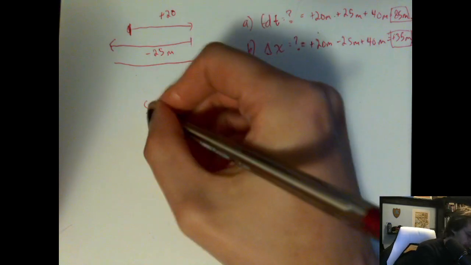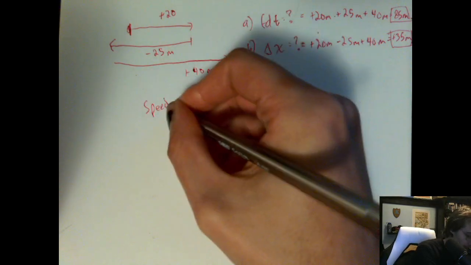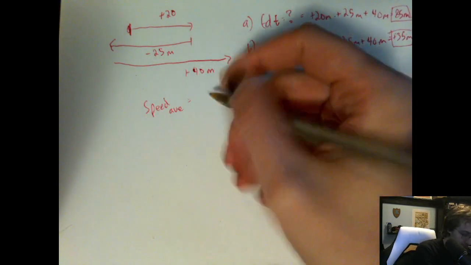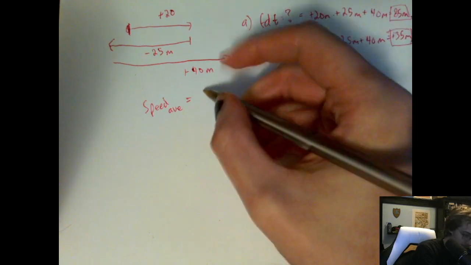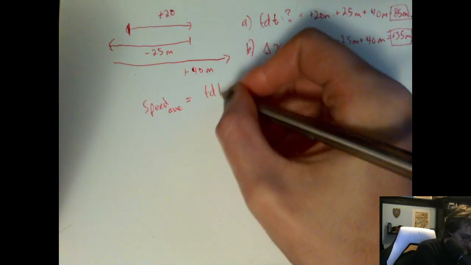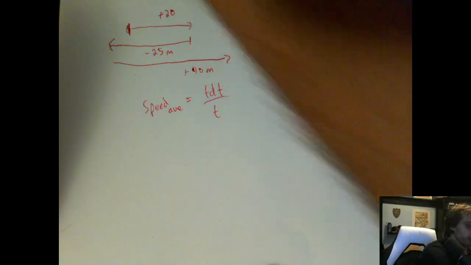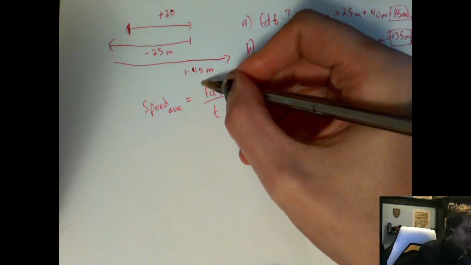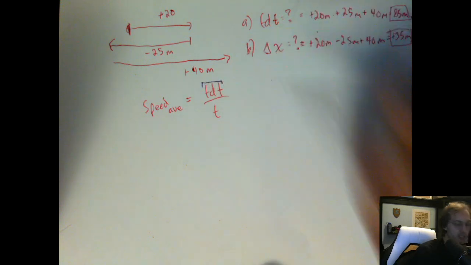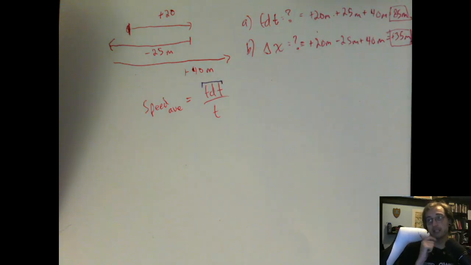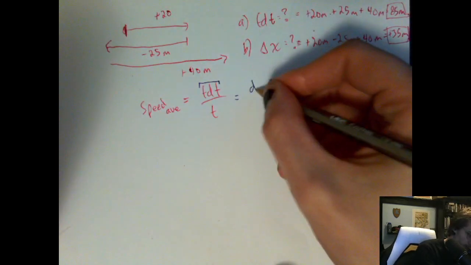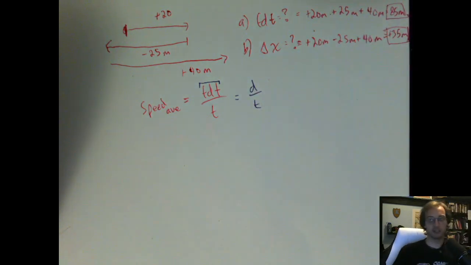And so the way that we can find that is that our average speed is going to be equal to our total distance traveled divided by the time that we're traveling for. So just like with how delta x was all one thing, TDT is all one thing. It's not like this is saying time times distance times time. It's saying the total distance that we've traveled. If you prefer to write it as d over t, that's totally fine.